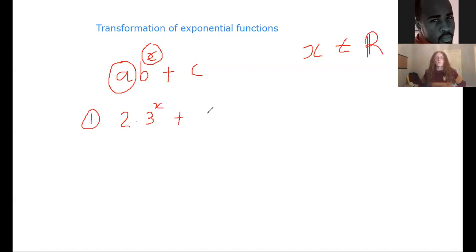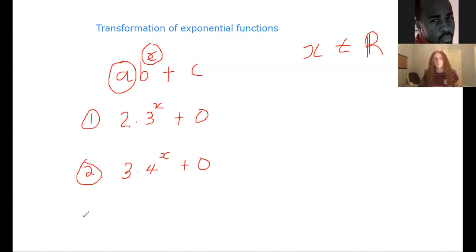I'm going to give you another case: 3 times 4 to the x, and you're going to add 0. Then this will literally become your y-intercept, but it only happens when this is 0.